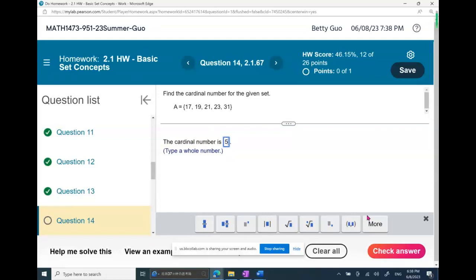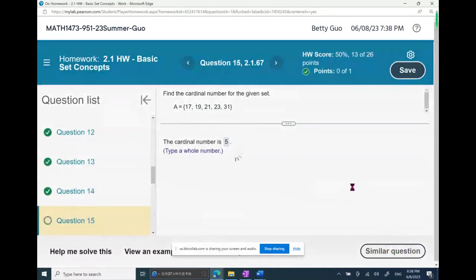If you don't know, it means you have not looked at it yet. It's the number of elements in the set. Cardinal number, or cardinality, of a set refers to the total number of distinct elements in a set. In this set, we have 5 elements, so the cardinal number is 5.